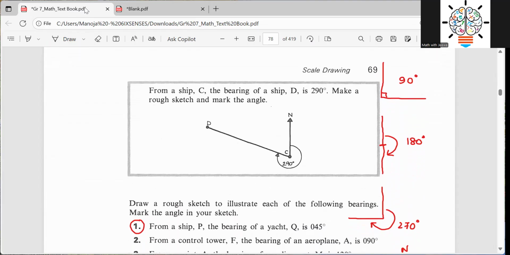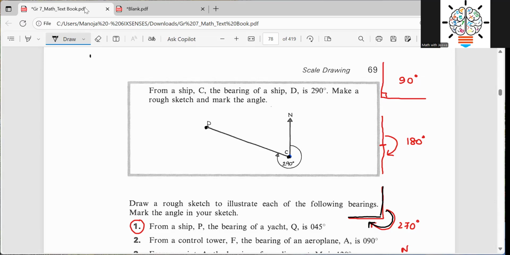From a ship C, the bearing of D is 290. Now, how are you going to show this 290? Because here I have shown you that this part, from here to here, we know it is 270.